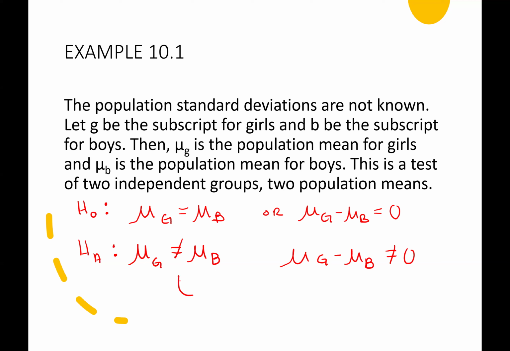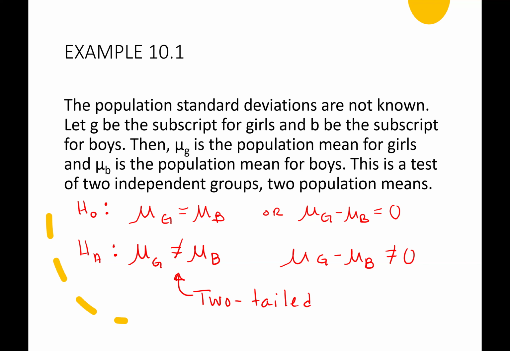It's two-tailed because we have not equal to as our alternative hypothesis. So when we calculate the value of t and find the area under the curve, half of the p-value will be in each tail.